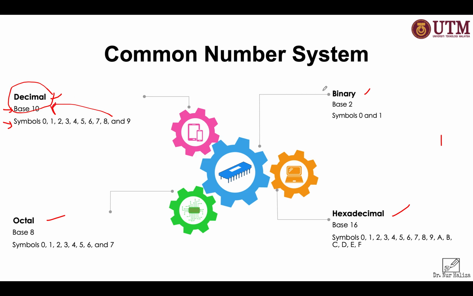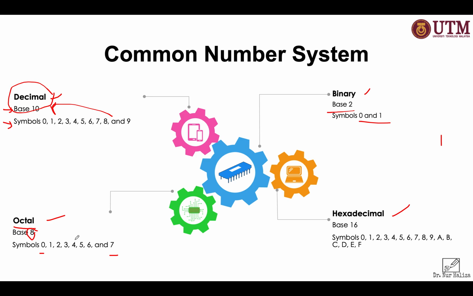Second, we have binary, which is base 2, and the digits are 0 and 1. About octal, octal is base 8, and the symbols are 0 until 7, which is altogether 8 digits.